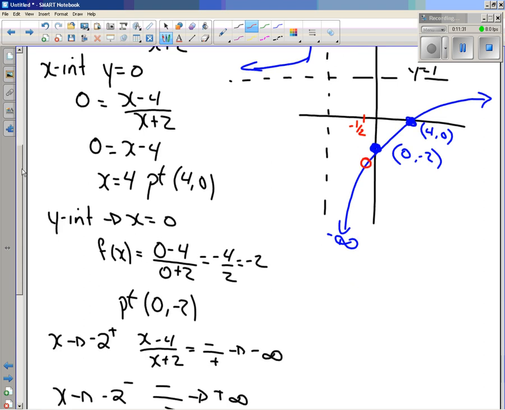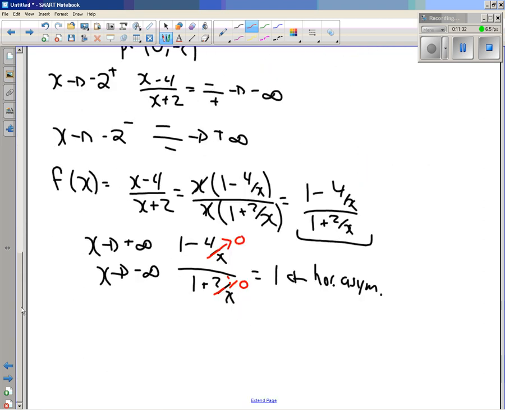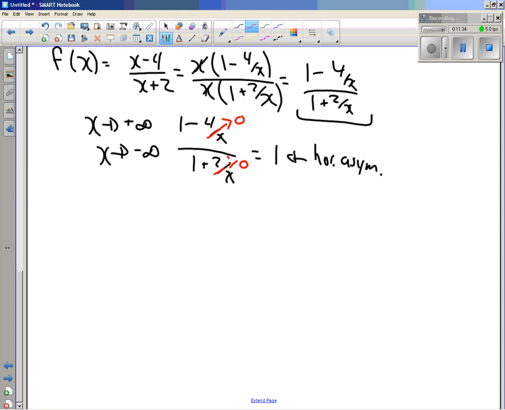So if we go back to our simplified version of our function, let's see what happens at -1/2. -1/2 minus 4 over -1/2 plus 2. So we're going to have -4.5 in our numerator and 1.5 in our denominator.